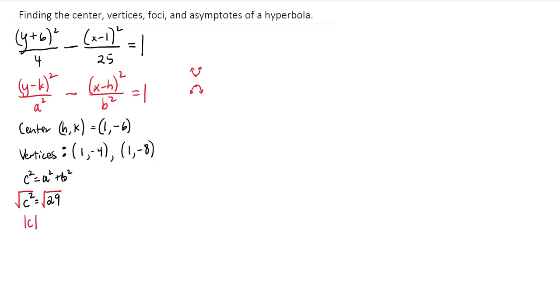Remember that c is greater than 0, but the absolute value of c is equal to the square root of 29. To solve an absolute value equation, c is equal to plus or minus the square root of 29. Now we know that c is greater than 0, which means c must be positive square root of 29.